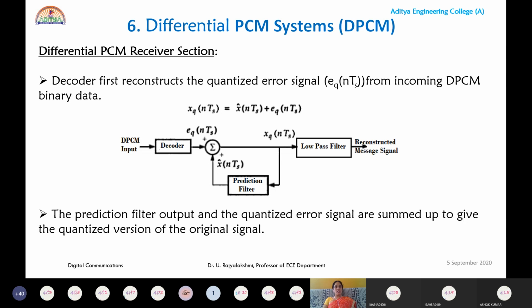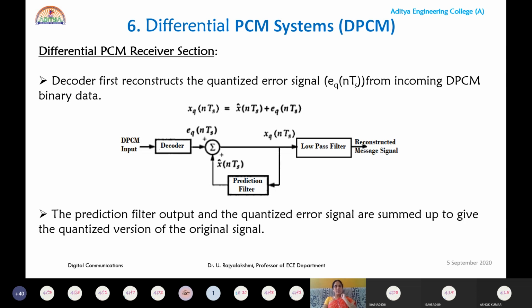What is the DPCM signal? It is a binary sequence, obtained by eliminating the problem of redundancy. DPCM is also a binary sequence, but it doesn't consist of all the bits present in each and every sample. It consists of only the difference data bits.